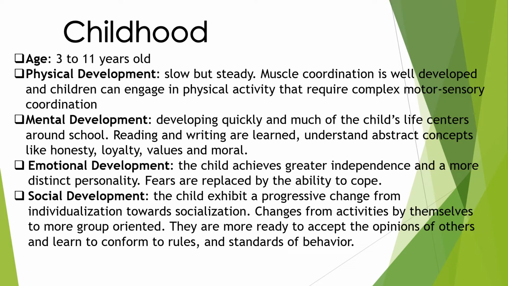Also, their appetite diminishes and sleep problems are common. Handedness appears, fine and gross motor skills and strength improve. The growth slows, strength and athletic skills improve. Respiratory illnesses are common, but health is generally better than at any other time in the lifespan.